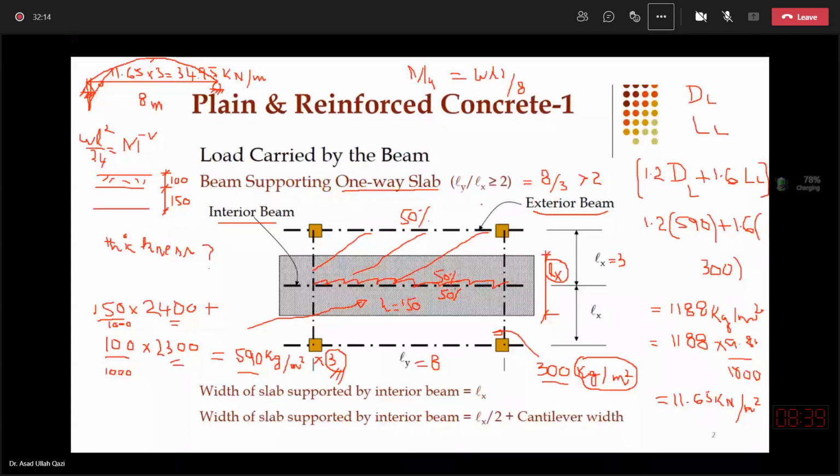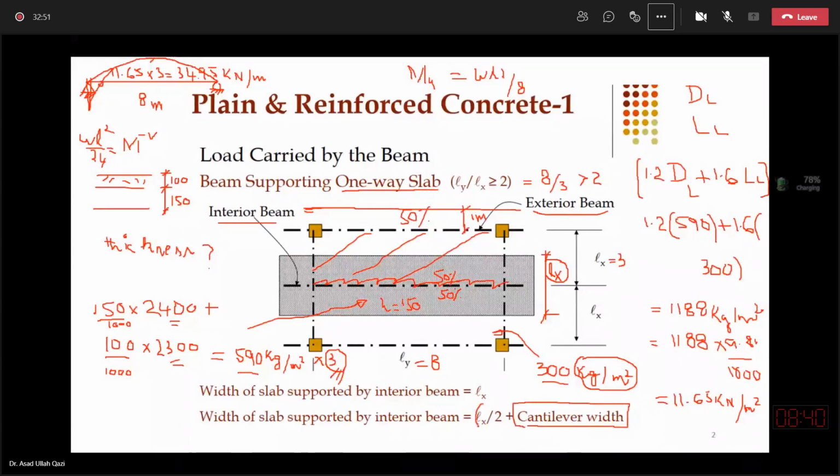If there is some cantilever on this side, where the beam has some projection beyond the edge, and suppose this cantilever projecting out is 1 meter, some buildings have projections beyond the exterior face, then that cantilever width will be included into the influence area or the transverse.